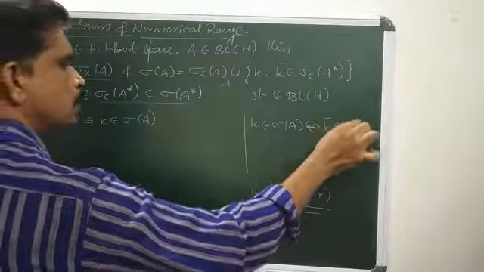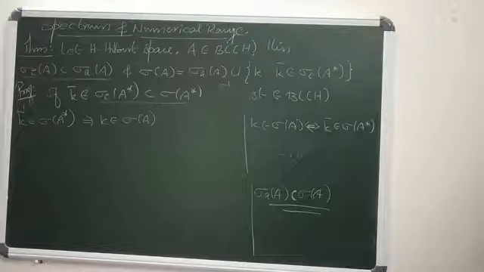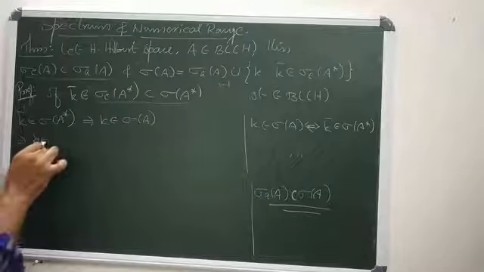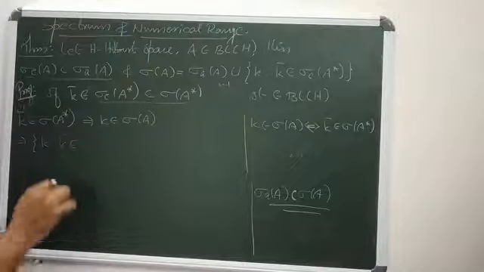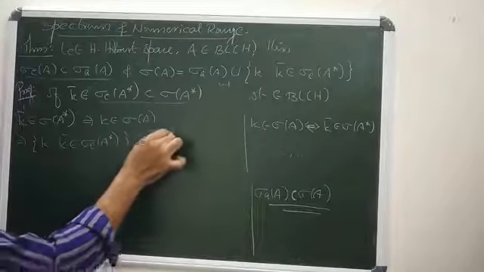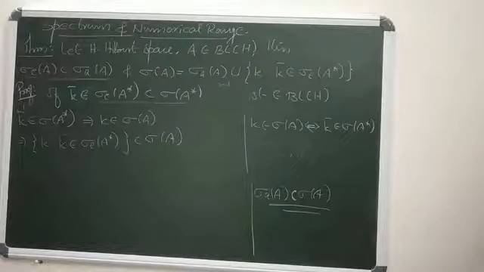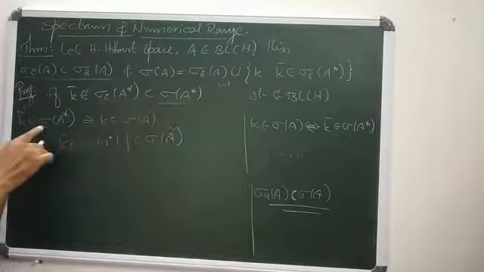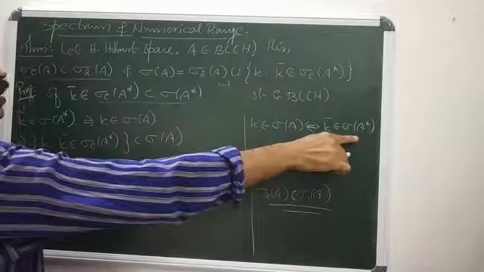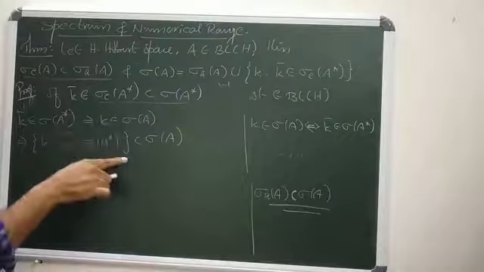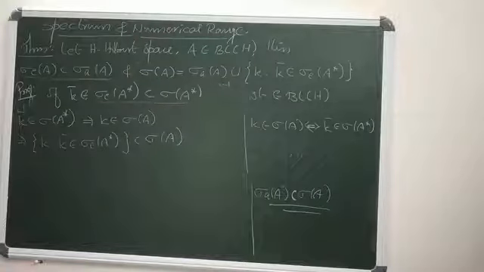So when k bar falls in sigma A star, k falls in sigma A. Thus the set of all k such that k bar falls in sigma E of A star: sigma E of A star is a part of sigma A star, and when k bar falls in sigma A star, k falls in sigma A. So if you combine this, we conclude the set of all k with k bar falling in sigma E of A star is a part of sigma A.